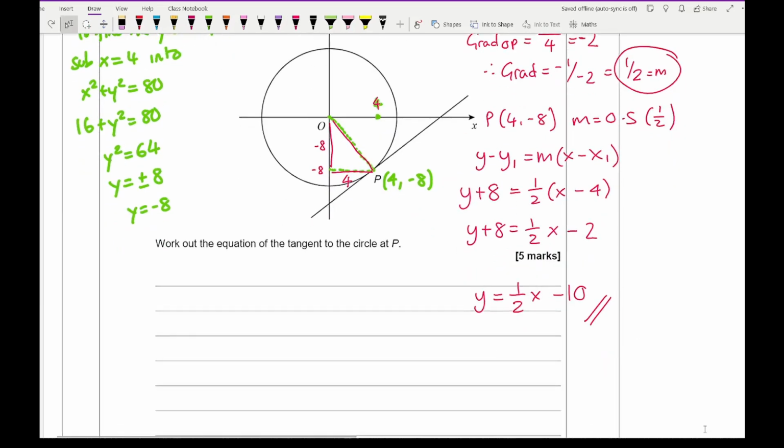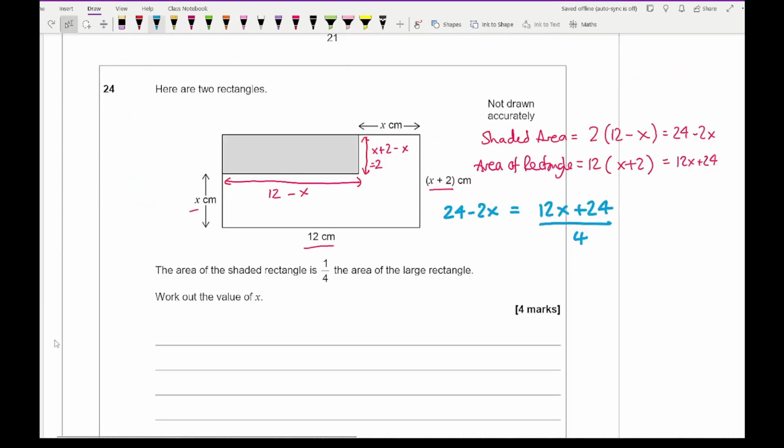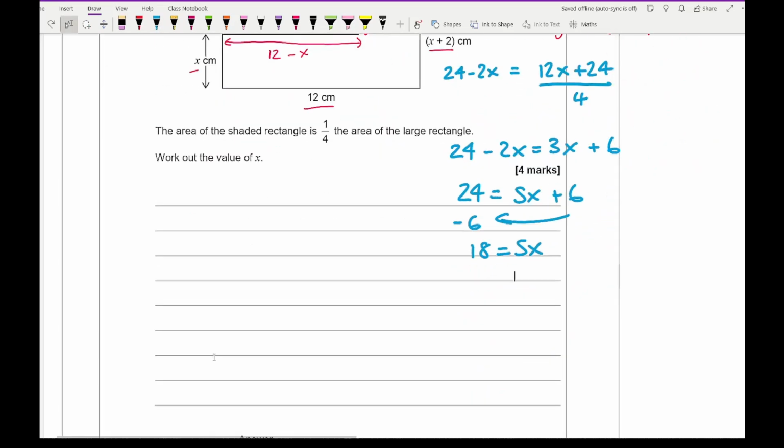Then if I simplify the right hand side, I get 24 minus 2x equals 12x divided by 4 is 3x, 24 divided by 4 is 6. So then taking the 2x over to the other side, I get 24 equals 5x plus 6. Take away the 6 and I get 18 equals 5x, and then I can work out what x is.